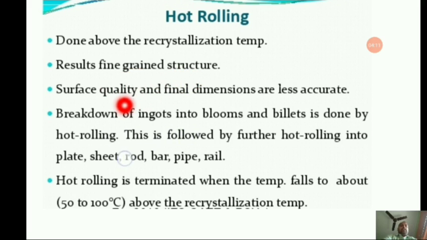Then we have good surface quality, and final dimensions are somewhat less accurate. Breakdown of ingots into blooms and billets is done by hot rolling only. This is followed by further hot rolling into plate, sheet, rod, bar, pipe, rail. As you can see in the previous slide, we have discussed the application portions.